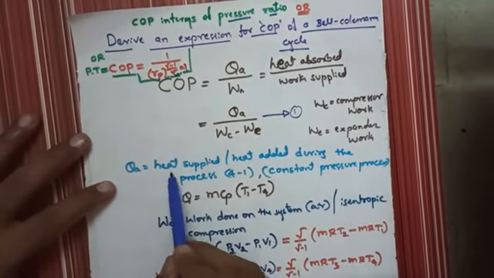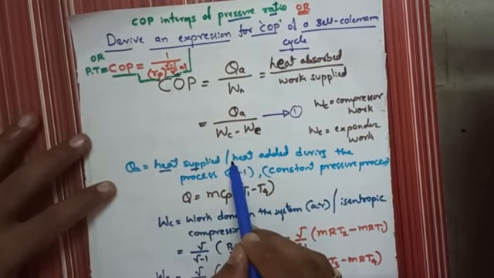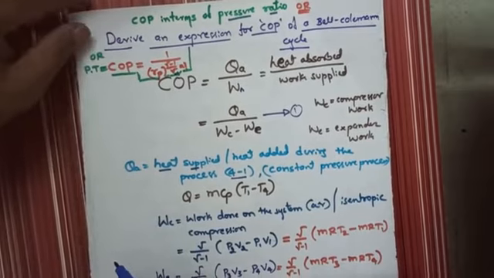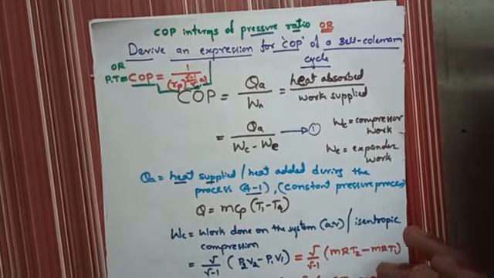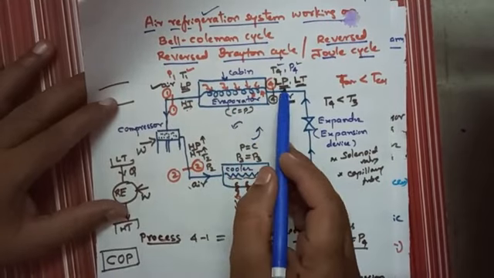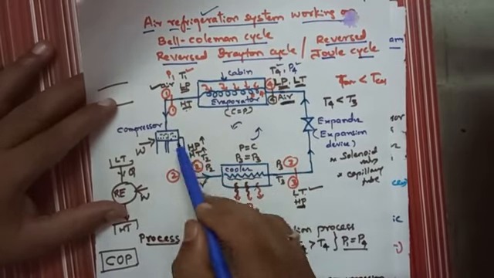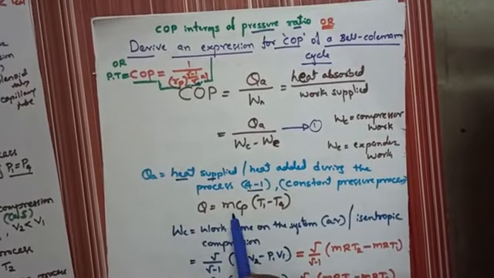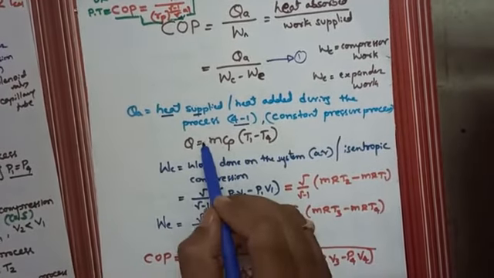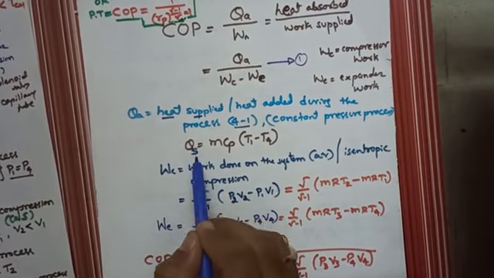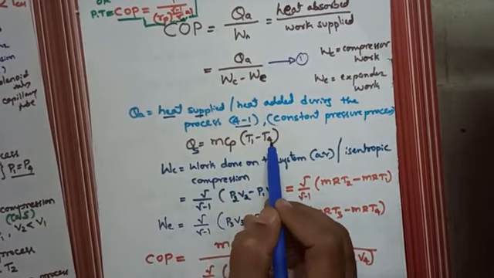First, QA is equal to the heat supplied or heat added during the process 4 to 1, in the evaporator. This diagram we discussed in the previous video lectures. Q is equal to the heat supplied, QS, or heat added, mCp(T1 minus T4).